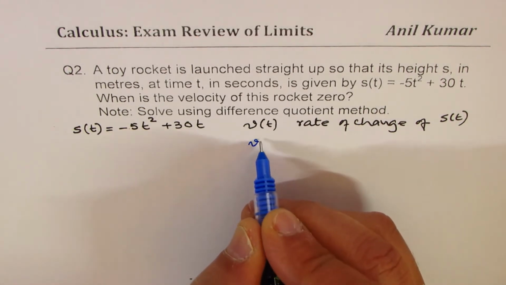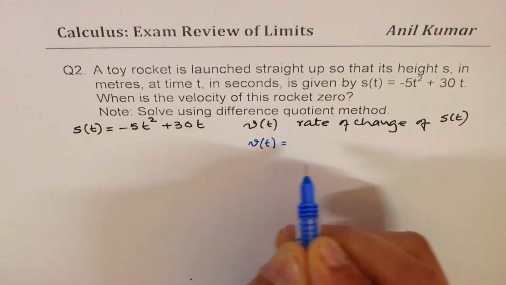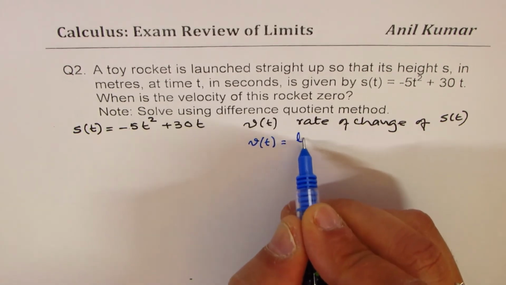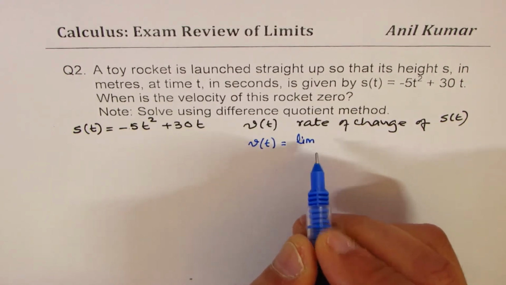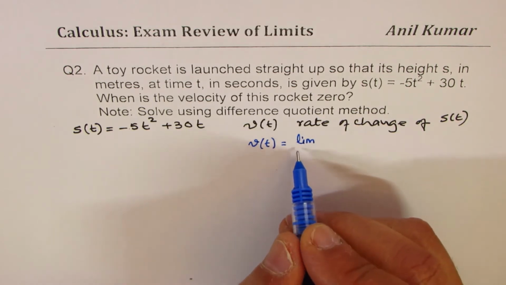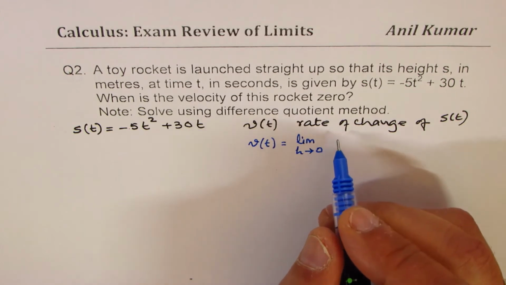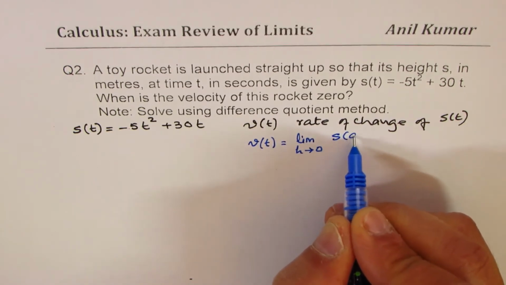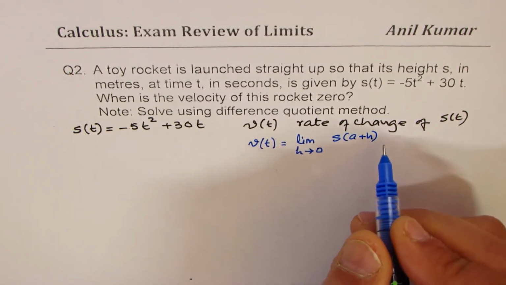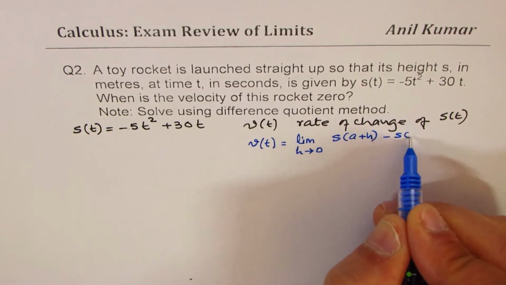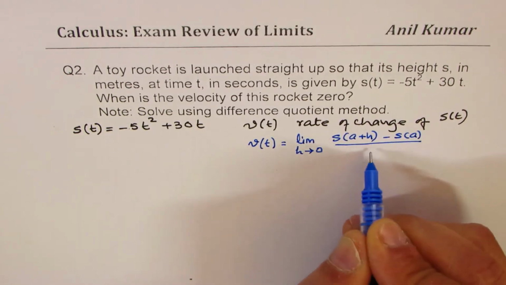So we can say velocity at any time t will be equal to the limit at a point which is very close, right? So if say h approaches 0, and let's say the point is a, in that case s of a plus h minus s of a over h, right?